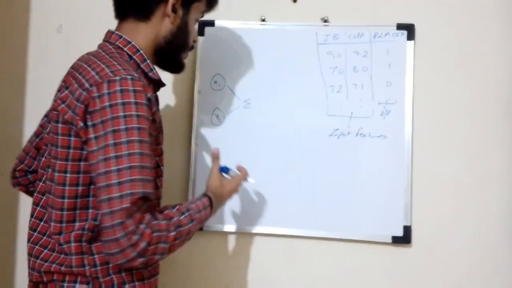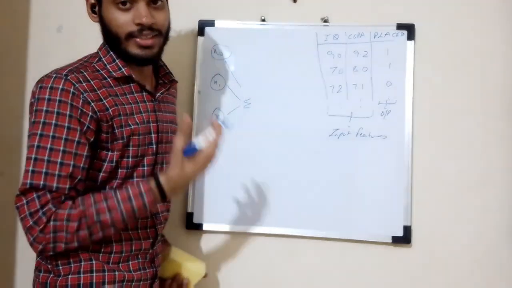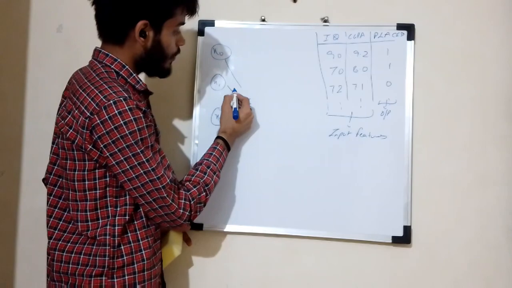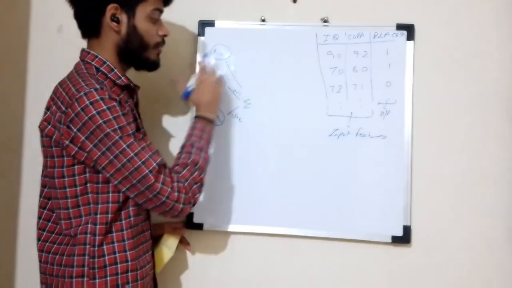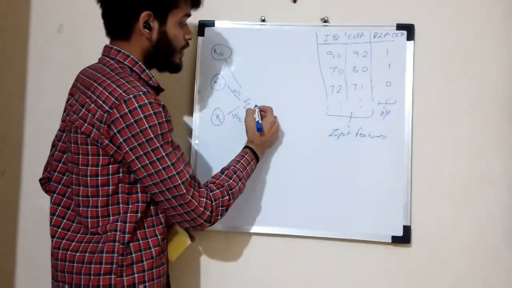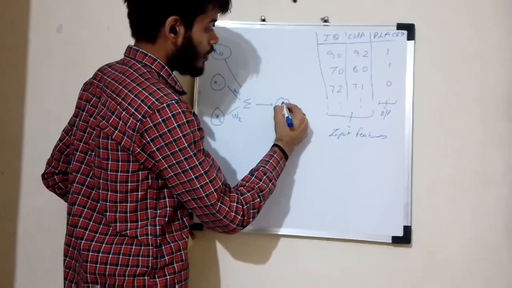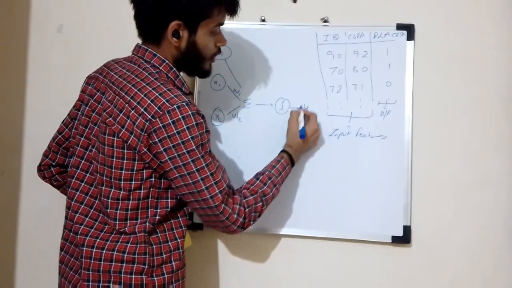Again, I am repeating this, and we have this x0. X0 is my bias. We multiply each of the input features with some weight, and then we find the summation of these. This is passed to some activation function, and then we get the output, which is y hat.